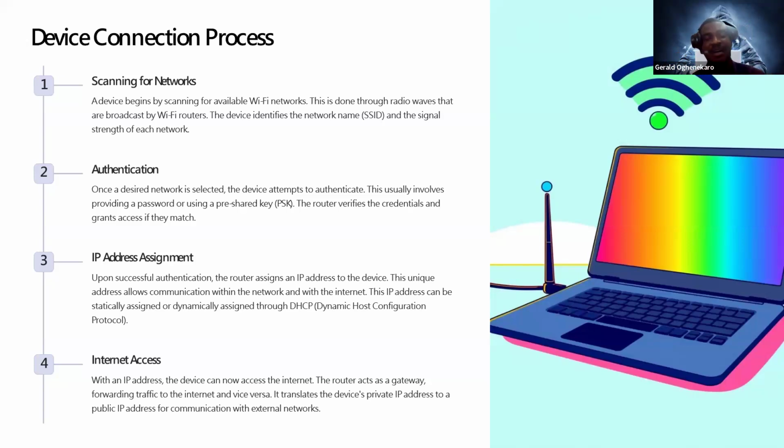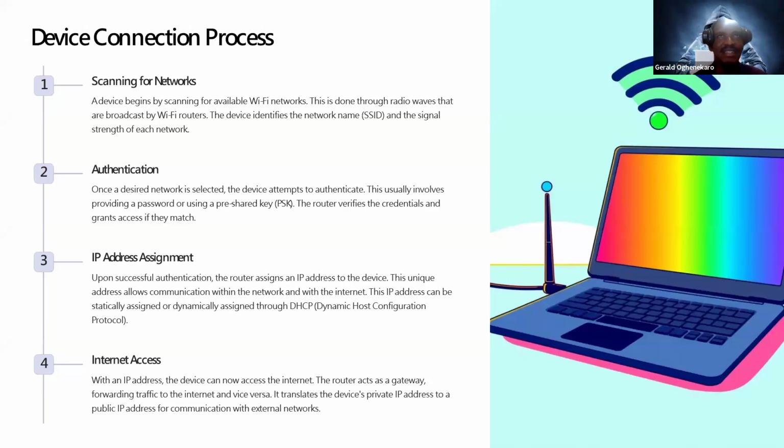Then you have IP assignment. Upon successful authentication, the router assigns an IP to your client, to your device, and that's what you use when you're connected to the access point.